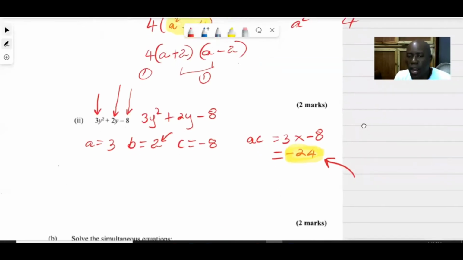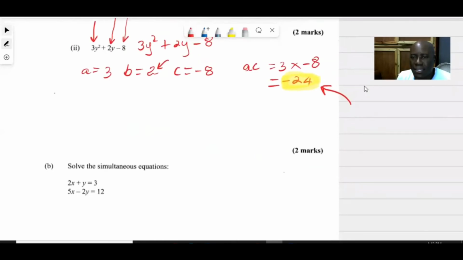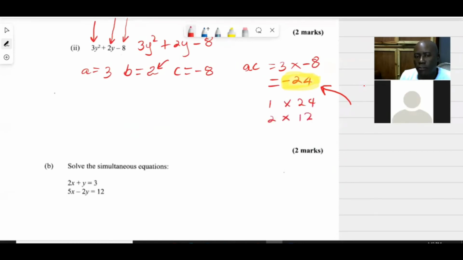So then we are advised to list the factor pairs of 24. What do I mean? Things that can multiply to give 24. Let's list them. 1 times 24. 2 times 12. 3 times 8, 4 times 6.